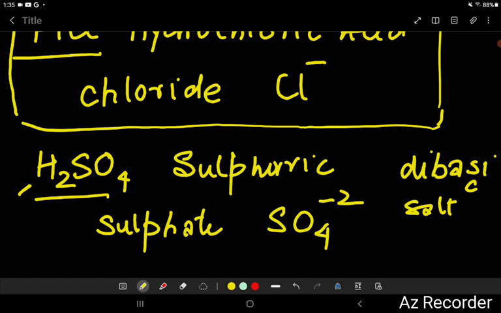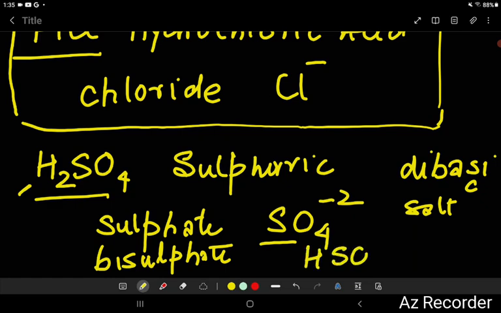One is sulfate and another is hydrogen sulfate, or you can say bisulfate. The symbol of hydrogen sulfate or bisulfate is HSO4, single negative.